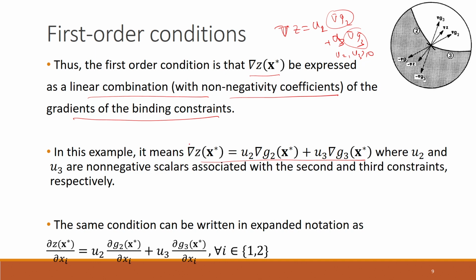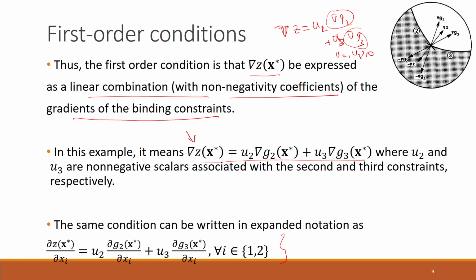So, this condition that we have mentioned here can be written in an expanded notation as this. Since there are two variables here, that is, two dimensions we are focusing on, what it is saying is that the partial derivative of z with respect to x1 is equal to u2 times the partial derivative of g2 with respect to x1 plus u3 times the partial derivative of g3 with respect to x1.